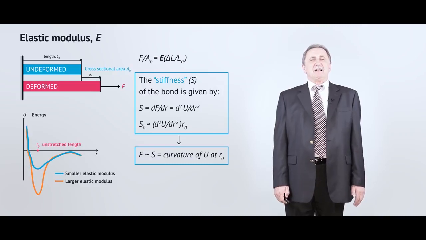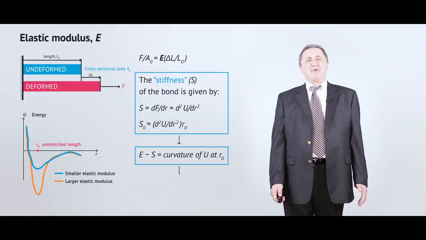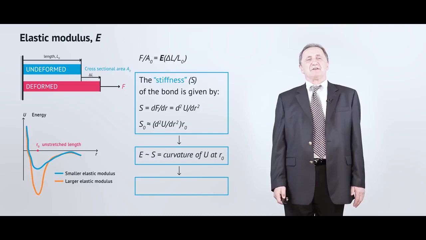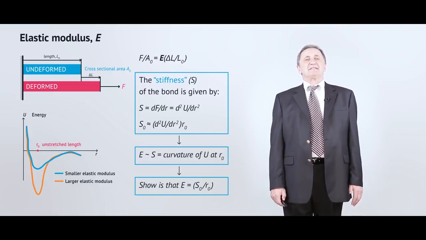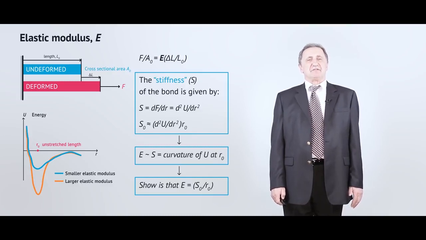More specifically, if you have the characteristic energy potential for this kind of material, you take the second derivative of this curve at the equilibrium point, and the elastic modulus will be proportional to this second derivative.